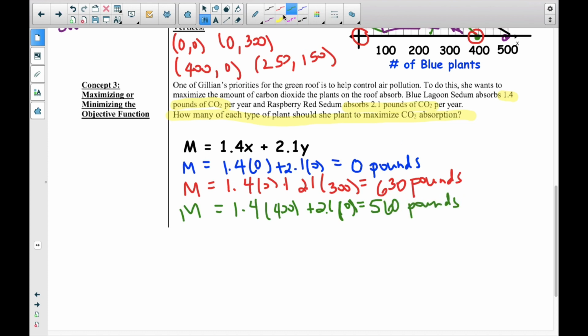And then our last one is 250 and 150. Sorry, let me scratch that out. 1.4 times 250 plus 2.1 times 150. And we're going to work this out. On my calculator, I'm getting 665.